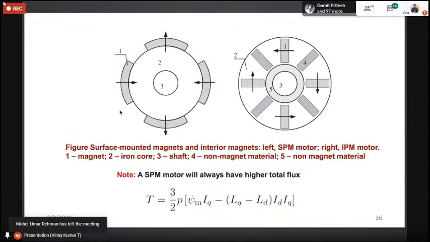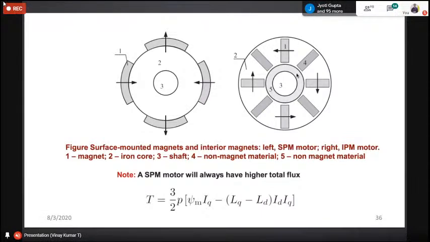You will get only reaction torque, right? Why is there no reluctance torque? The reason is air permeability and permanent magnet permeability are both the same. With respect to this point, interpole axis reluctance and pole axis reluctance are both the same. So there is no non-uniform air gap. Air gap distribution is uniform with respect to magnetizing flux, so automatically there is no reluctance torque.